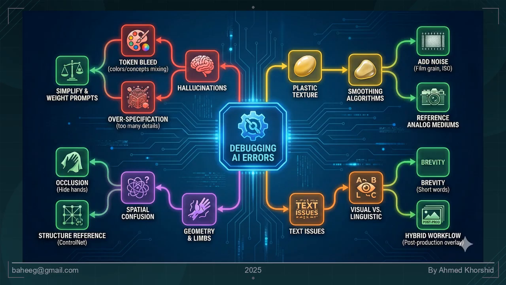Branch 3, geometry and limbs. Subnode: spatial confusion. Action: occlusion, hide hands. Action: structure reference, ControlNet. Branch 4, text issues. Subnode: visual versus linguistic. Action: brevity, short words. Action: hybrid workflow, post-production overlay.